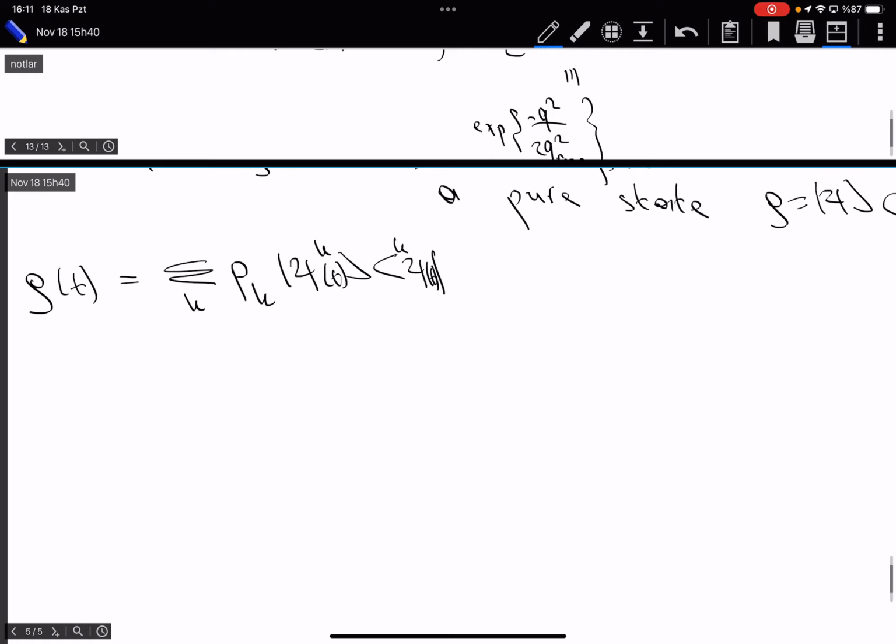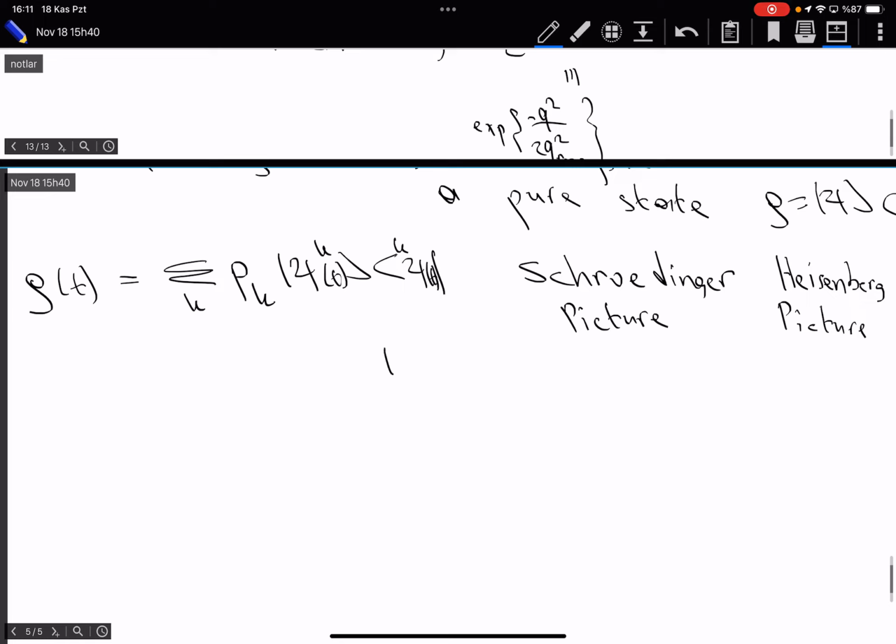You see, you know Schrödinger's picture, and there's also the Heisenberg picture. Well, in the Schrödinger picture, states are time dependent. In the Heisenberg picture, they are time independent.